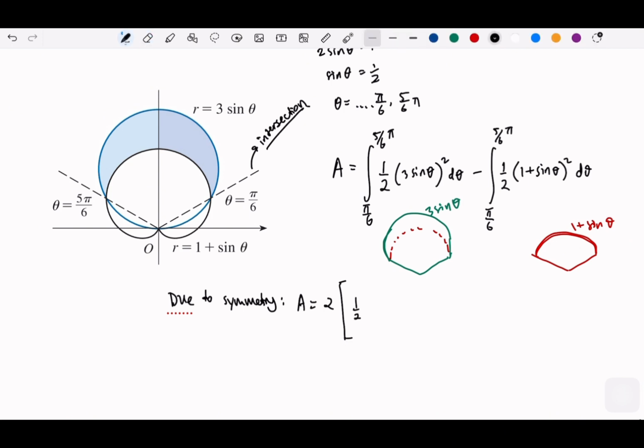So half, pi over 6 to pi over 2, this will be 9 sine squared theta d theta, minus half, this is 1 plus 2 sine theta plus sine squared theta d theta, and close brackets.